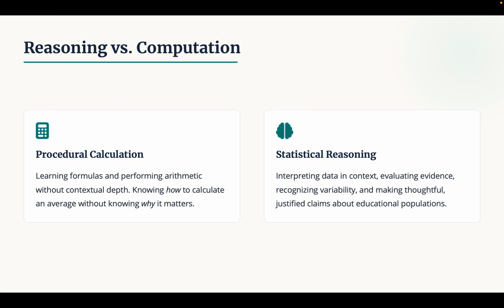For example, calculating an average is not the same thing as understanding what the average tells us about a population or an educational experience. Statistical reasoning asks questions like what patterns are present, how much variability exists, what conclusions are justified, what limitations should be acknowledged, and what contextual factors matter. This week encourages us to move beyond procedural calculation and toward thoughtful interpretation.